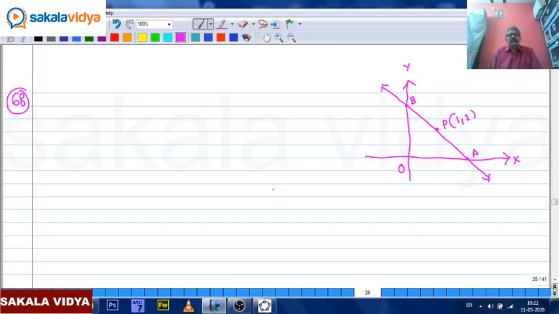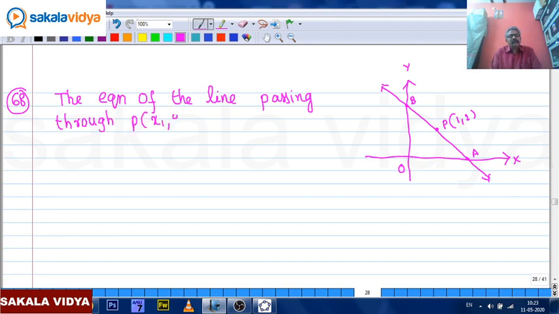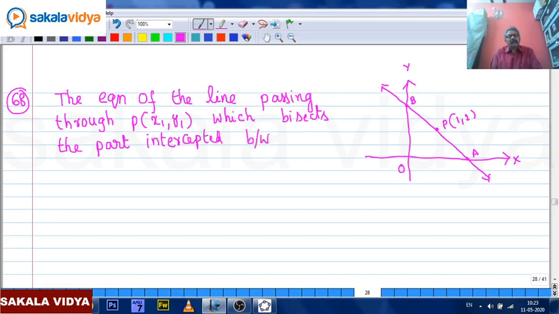Then we know one shortcut. What is the shortcut now? The equation of the line passing through P x1, y1, which bisects, or which is the middle point, which bisects the part intercepted between the axes.